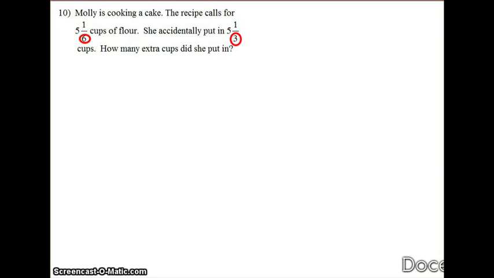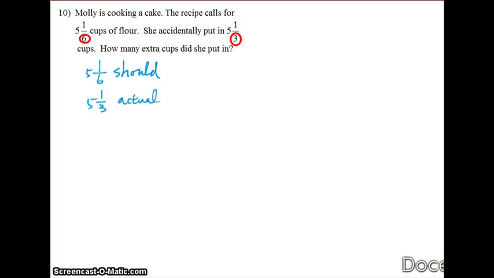Okay, so let's see. The recipe. Why am I keep saying receipt? The recipe called for 5 1/6. So 5 1/6, that's how much we should have. However, we put in 5 1/3. This is the actual. So how much do we put in?